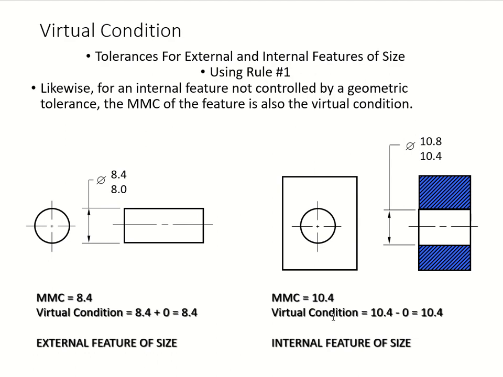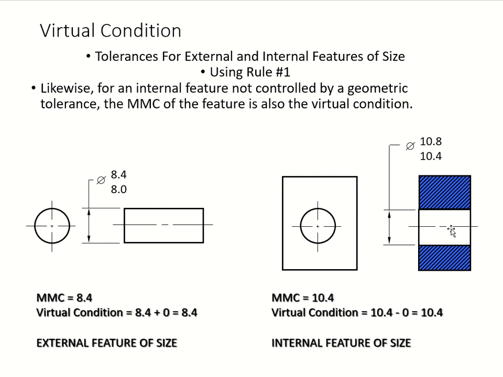Then internal, so here internal, you can see this, feature of size. Again, some of the students have issues talking about feature of size and then they get into confusion. This is a feature and that is a size, okay, and it can go from 10.4 to 10.8. That's what it's saying. So don't worry about the name of it.